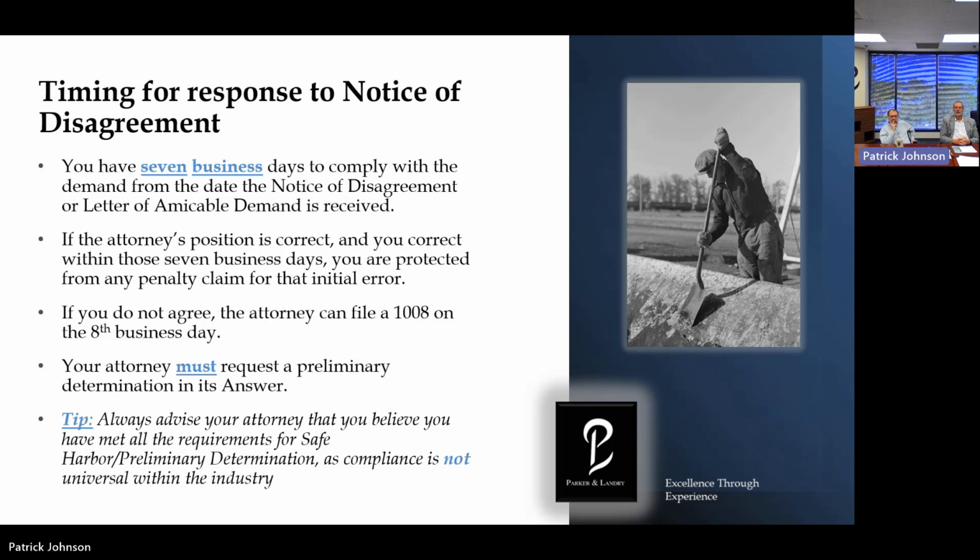And he just files an answer. And then you get a copy of it and you call him, or her, on the phone and say, "Yeah, but what about the preliminary determination stuff that I heard those guys talk about the other day?" And it's like, oh, guess what? It's too late. It's got to be done in the answer to ask for the preliminary determination. So they have now forfeited the right to do all of this stuff early on.